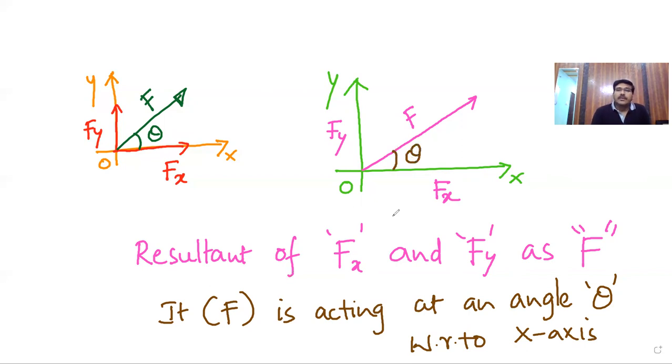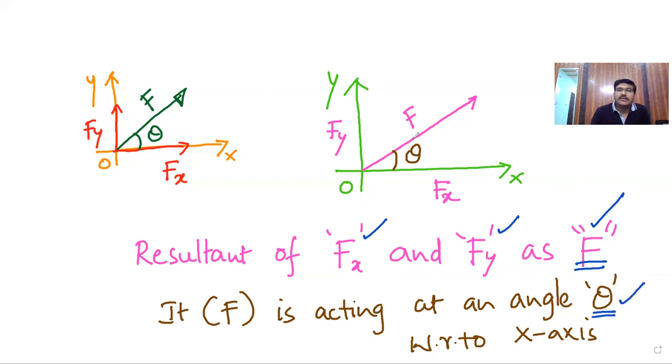Okay. Now observe carefully. The resultant of Fx and Fy is F. This is known as magnitude. And theta is known as its direction.